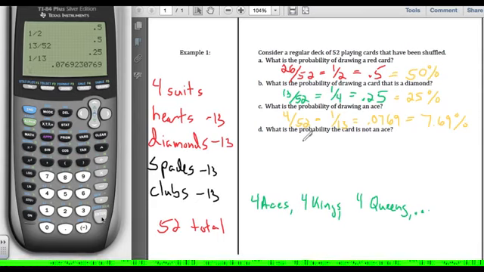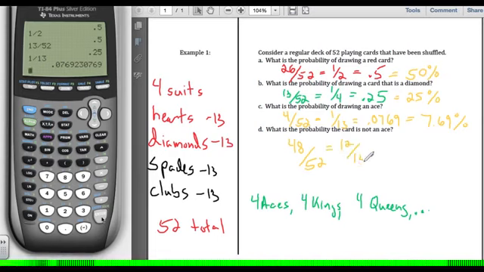So it could be a king, could be a queen, could be a 2 or a 4. There are 2 ways to approach that. One way is to total the number of cards that aren't aces. If there are 4 cards that are aces out of 52, that leaves 48 out of 52 that are not aces. There are 48 cards left in the deck.